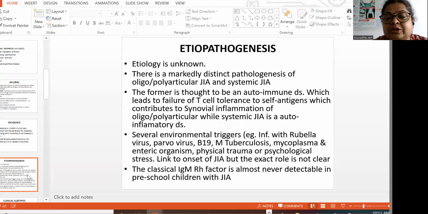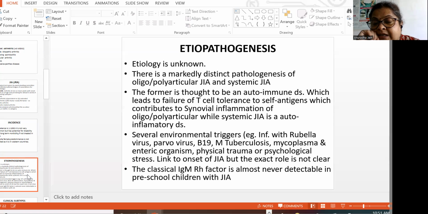The former is thought to be an autoimmune disease, which leads to failure of T cell tolerance to self antigens, which contributes to synovial inflammation of the oligo or polyarticular joints.